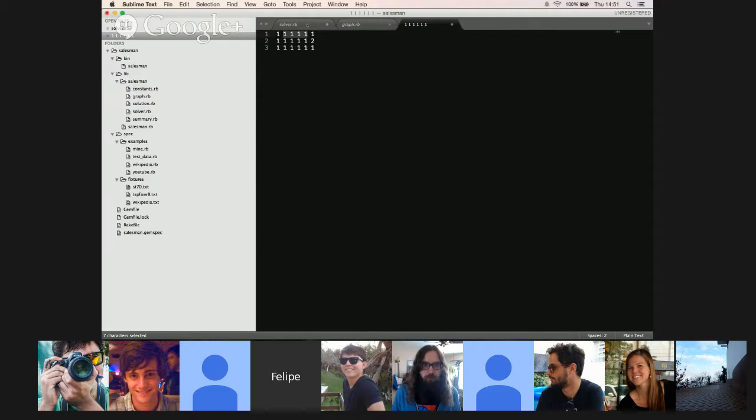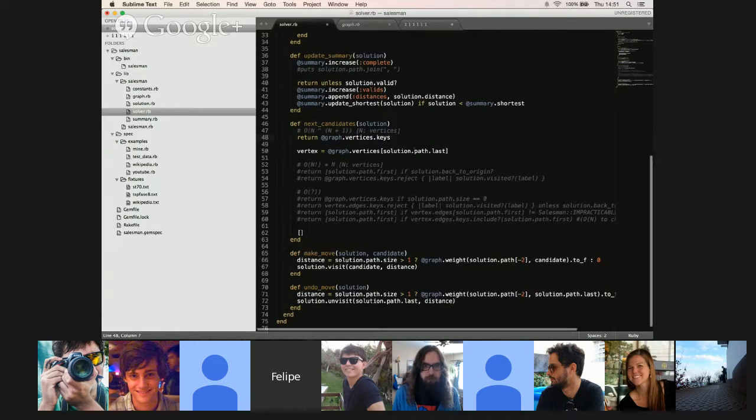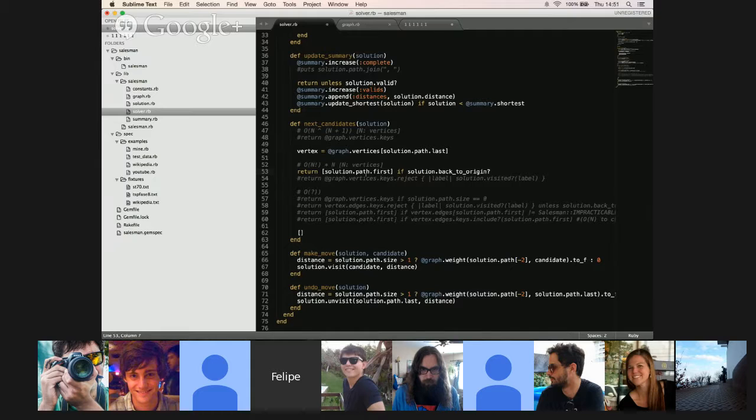So what I did here is some small improvements to meet those requirements. For example, for the last step, I return as a candidate only the first step. It means that we won't analyze invalid solutions from the last step.